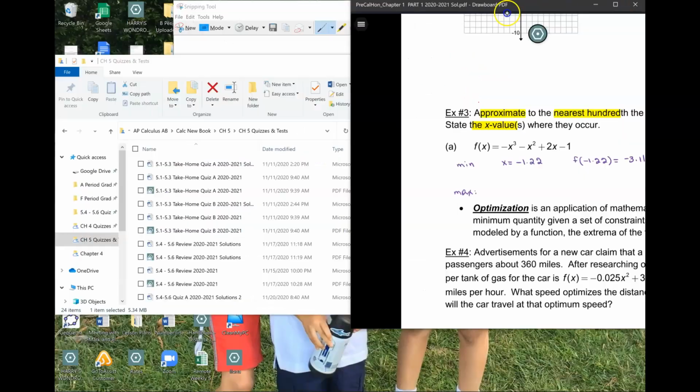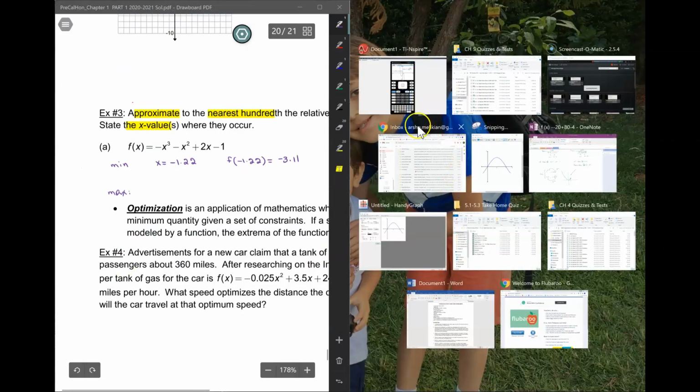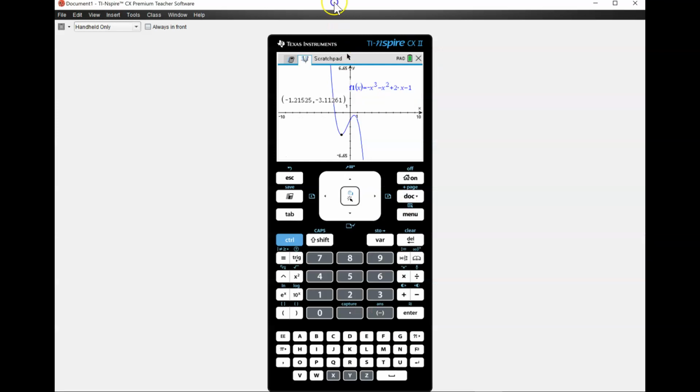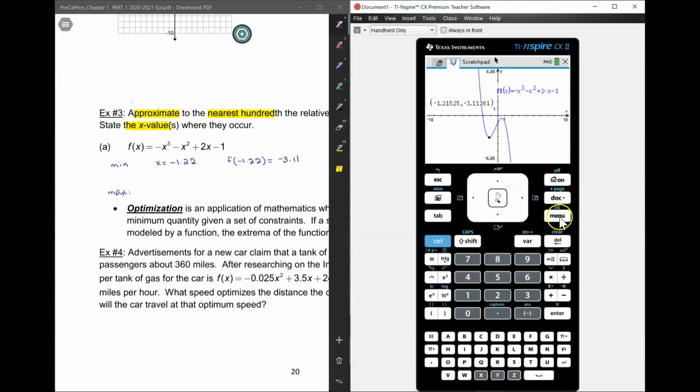All right, let's go ahead and move on to the maximum. Here, I'm going to do Menu again, Analyze Graph, and I want to find the maximum this time, and that's the maximum right there. Now, if your calculator isn't giving you enough decimal places, what you can do is bring your cursor so that it's hovering on top of that number.